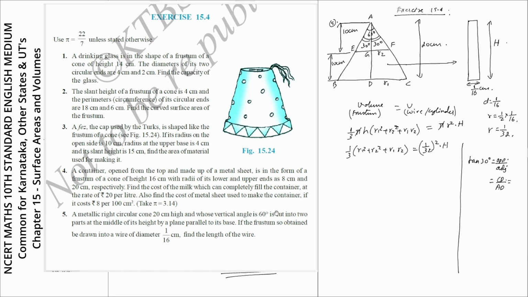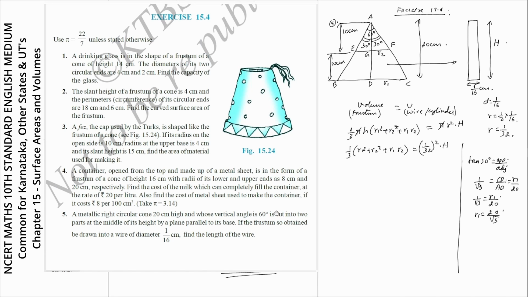CD is R1. What is AD? AD is the height of this bigger cone, that is 20 centimeter. So what is tan 30 degree? Tan 30 degree is 1 by root 3. So 1 by root 3 is equal to r1 by 20. Therefore, r1 is equal to 20 by root 3.